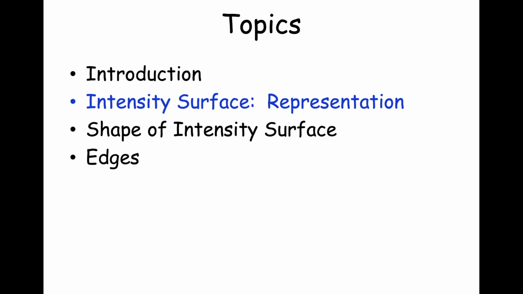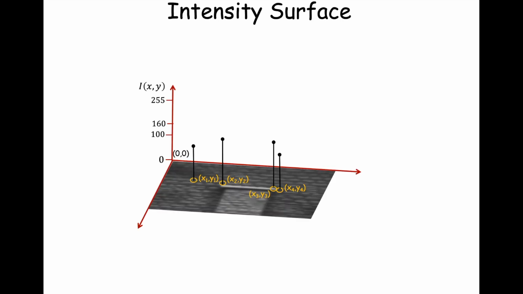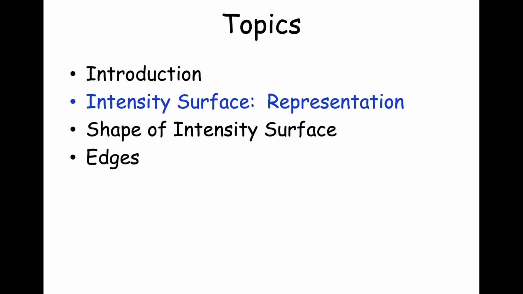And so we take these intensity points, and because it forms a surface, if we wanted to characterize or describe the content of the image, we need to look at the shape of the intensity surface.